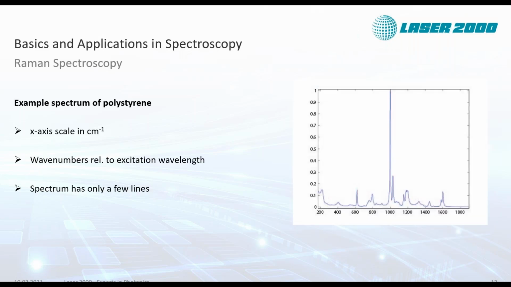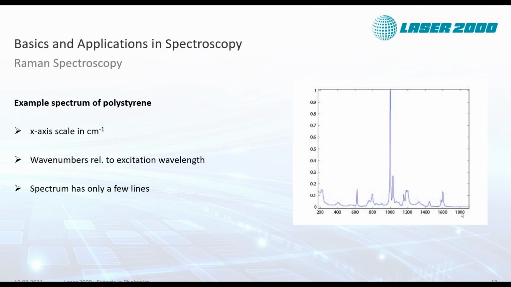Here you can see an example spectrum of polystyrene, which is a polymer and typically consists of a lot of molecules and even more atoms, of course.